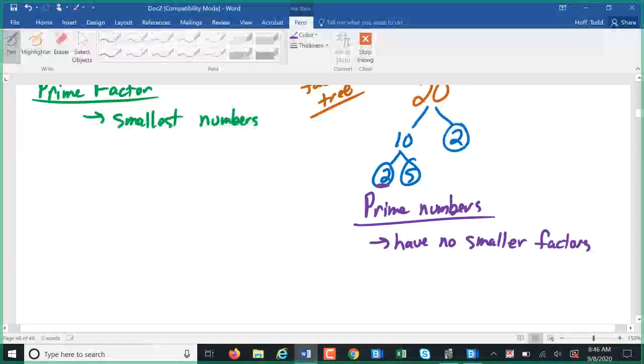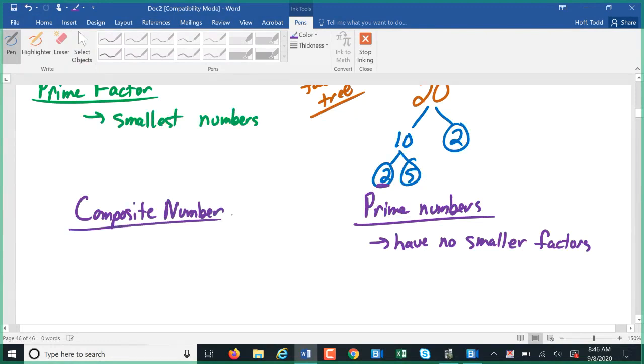For 2, there's nothing smaller than 2 that we can multiply together to make 2. Same for 5. Those are prime numbers. 20 is what we refer to as a composite number. It has smaller factors.